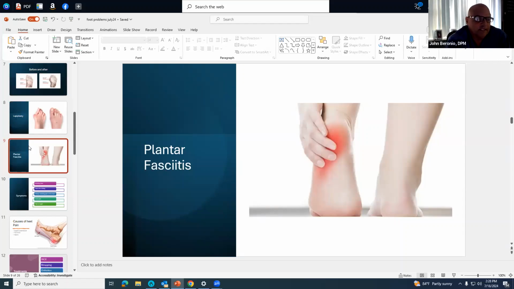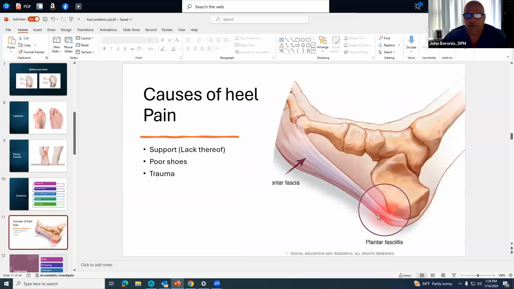The plantar fascia is a band of tissue connecting your heel. I'll show you a picture over here. Connecting your heel to your toes. And when this band of tissue becomes inflamed and from being stretched, that's what plantar fasciitis is.